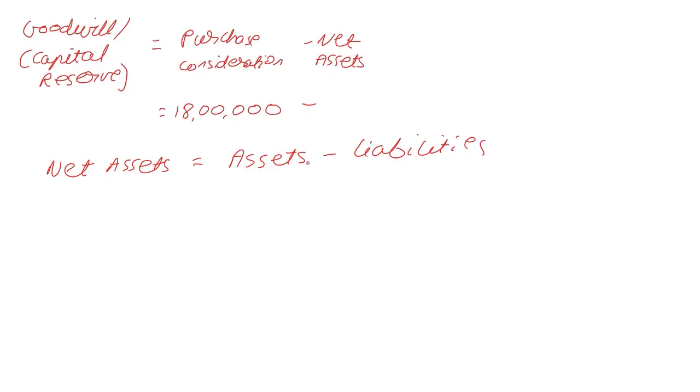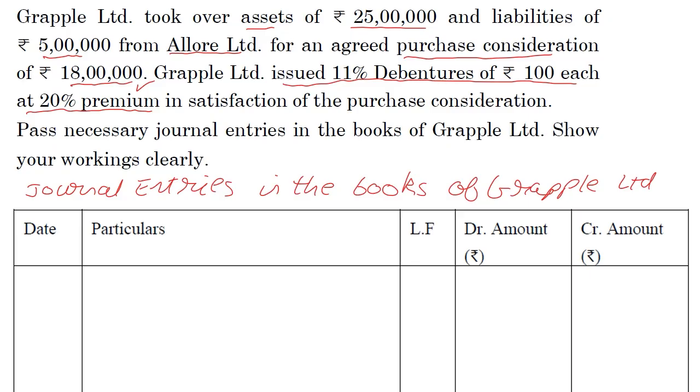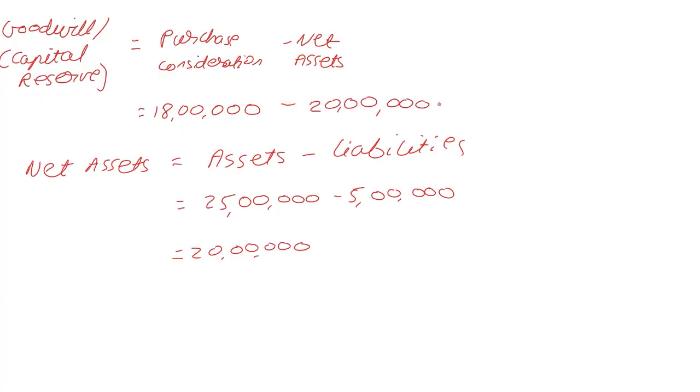So I first need to find out these net assets. 25 lakhs minus 5 lakhs gives me 20 lakhs, which I can then put over here, which is equal to a negative 2 lakhs, which is basically the capital reserve, because it's a negative number.